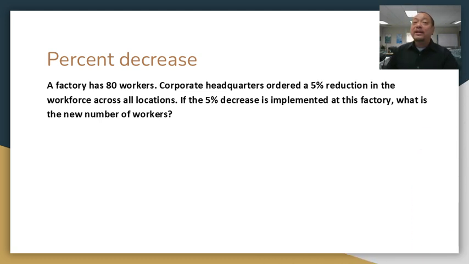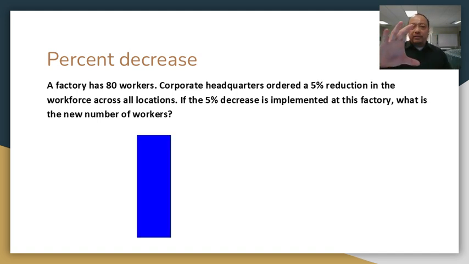Now let's do a percent decrease problem. A factory has 80 workers. Corporate headquarters ordered a 5% reduction in the workforce across all locations. If the 5% decrease is implemented at this factory, what is the new number of workers? Let's diagram this out.